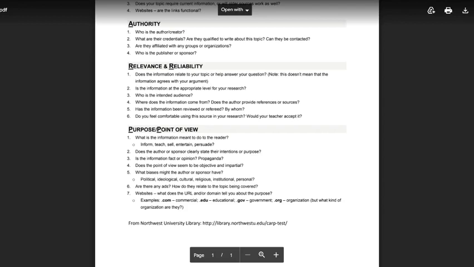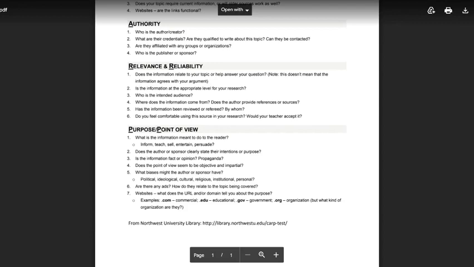If you look at the URL, let's talk about those. So we have .coms, .edu, .gov, and .org. A lot of students know .edu and .govs are pretty good sources of information. One of the biggest misconceptions I encounter with students doing research is they think .org means it's automatically a reputable source, but all .org means is it's a not-for-profit organization.